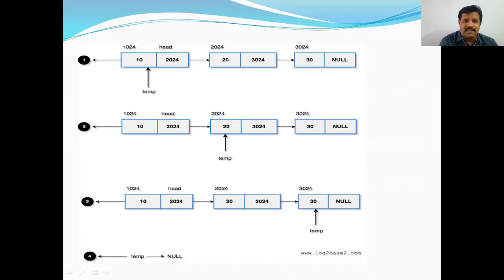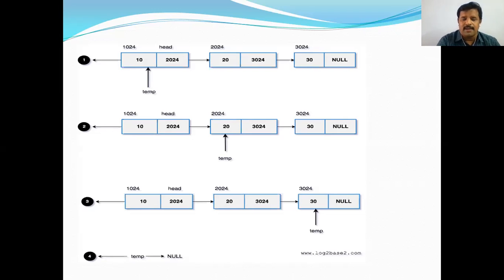It is not matched. Then move this temp to the next node, that is 30. Compare 30 with 100, not matched. Right? There are no more nodes to compare with the key element. Then it returns the value -1. That means 100 is not found in this given list. This is how we can perform the searching operation on the single linked list, right?